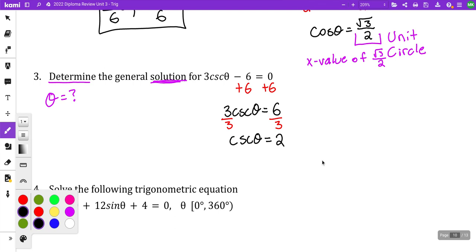Cosecant is 1 over sine. Agreed? Perfect. So what we can do is we can replace cosecant with sine if we reciprocate the other side. So it becomes 1 over 2. Reciprocate.